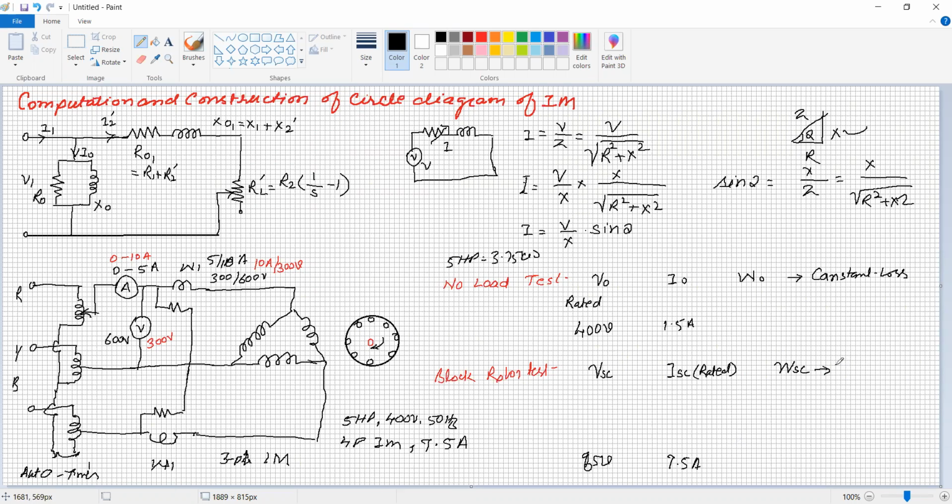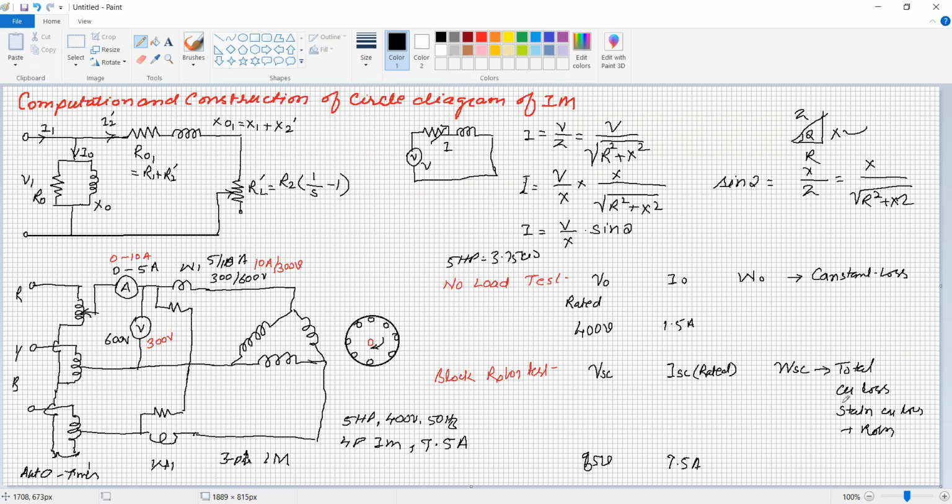So it is the total Cu loss, including the stator Cu loss plus rotor Cu loss. So both copper losses are going to be measured under such condition.